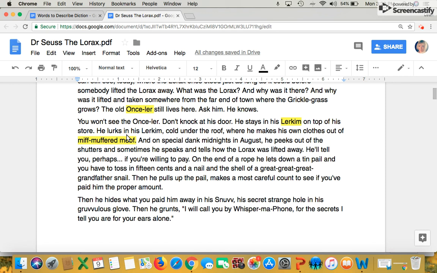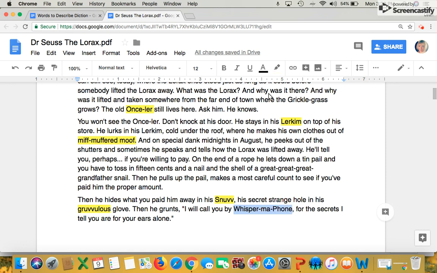"Then he pulls up the pail, makes a most careful count to see if you've paid him the proper amount. Then he hides what you've paid him in his snuvv." I'll highlight that word right there. "His secret strange hole in his gruvvulous glove." Again, words that stand out to me. "Then he grunts, I will call you by my whisper-ma-phone, for the secrets I tell you are for your ears alone."